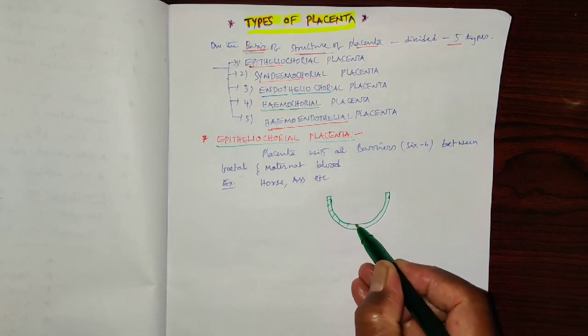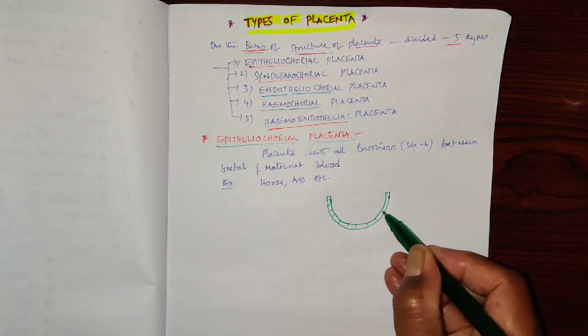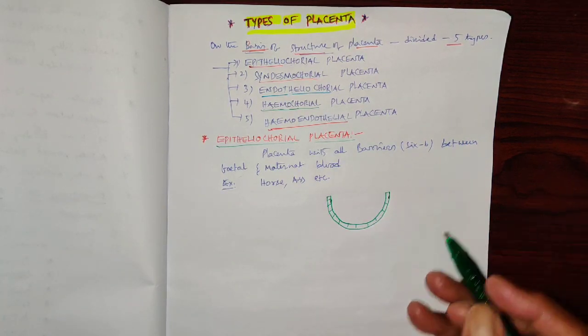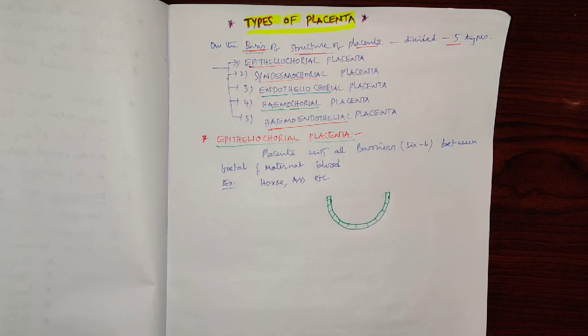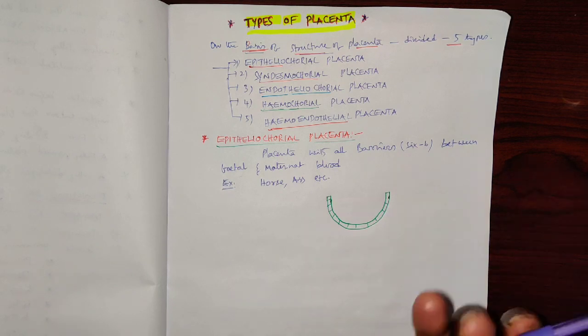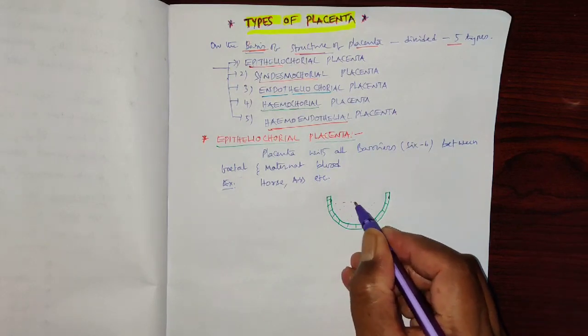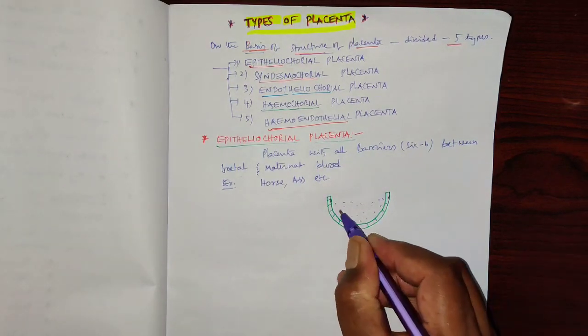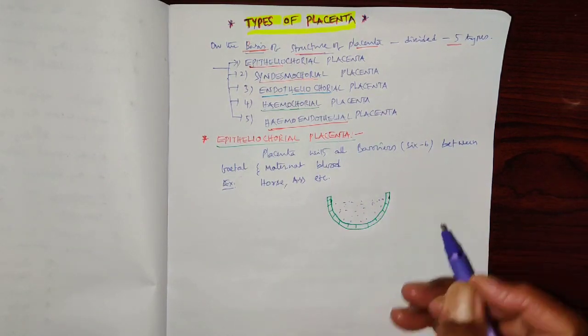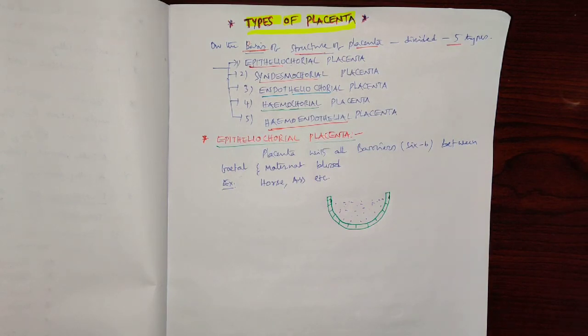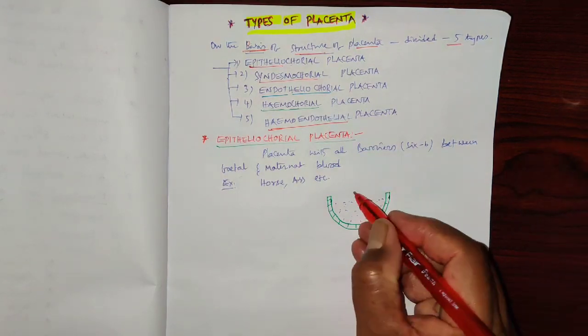They are 3 from fetal and 3 from maternal membranes or barriers.